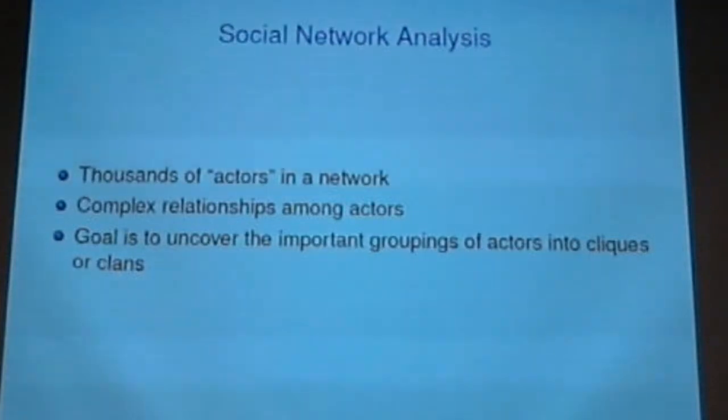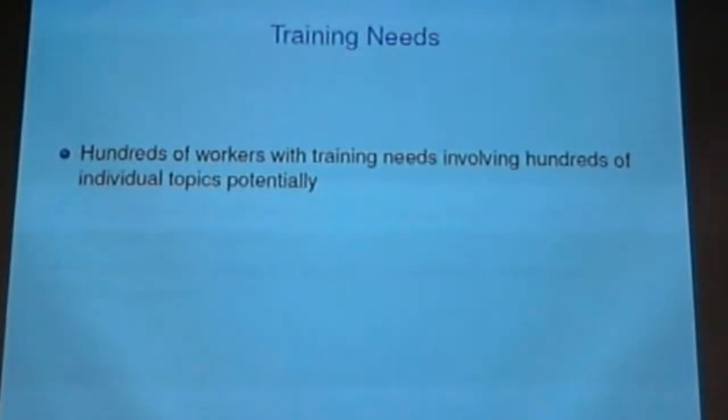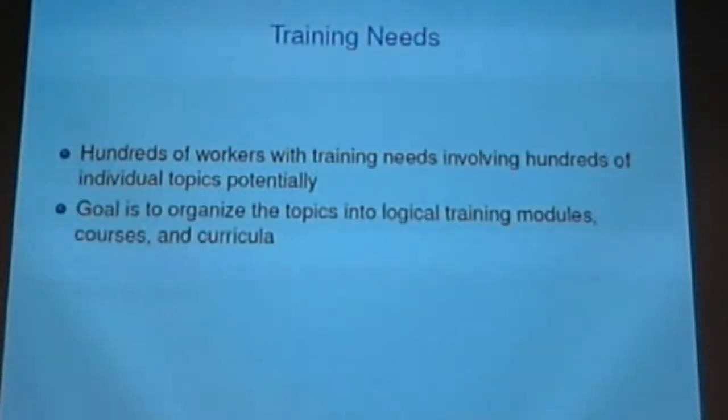Okay, the number of groups is unknown. And for training needs, we have hundreds of workers with training needs involving hundreds of individual topics potentially. And the goal is to organize the topics into logical training modules, courses, and curricula. At the very beginning, this is really unknown. So they still have an unknown grouping situation.